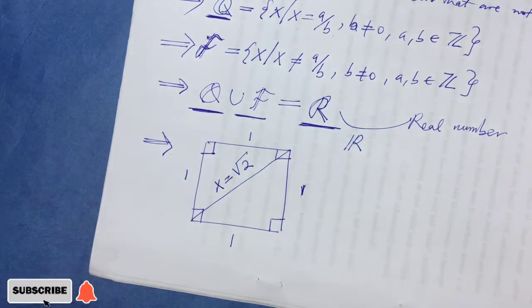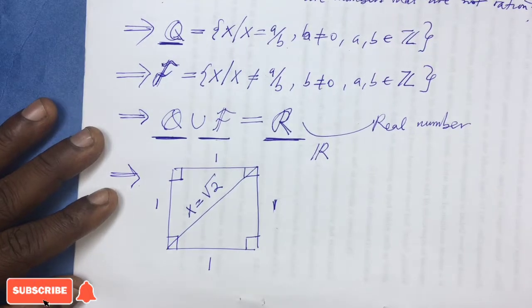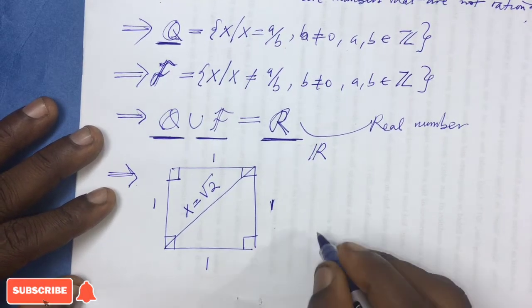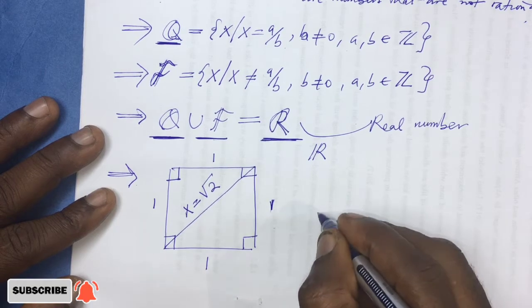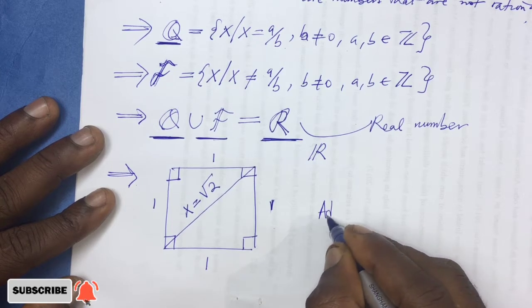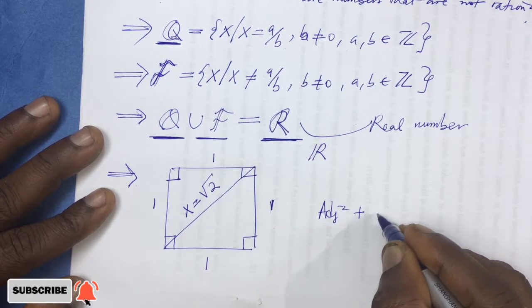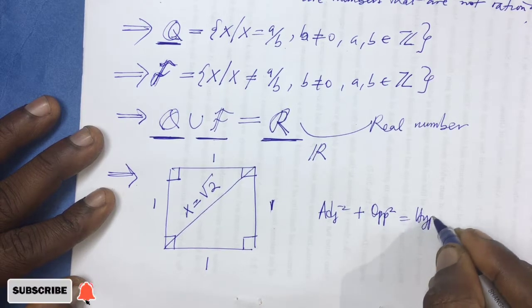Ancient Greek mathematicians attempted to get the length of the diagonal of a unit square, and a unit square is a square that has all sides equal to 1. For them to get the length of the diagonal, they ended up using Pythagoras Theorem. Remember, the adjacent squared plus the opposite squared will give you the hypotenuse squared, right?